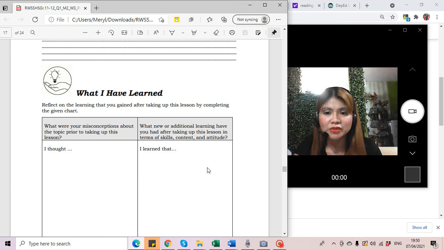side, here's the question: what new or additional learning have you had after taking up this lesson in terms of skills, content, and attitude?